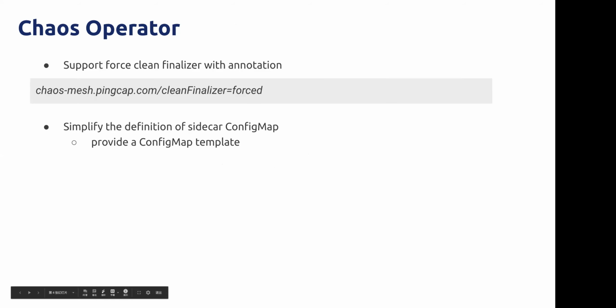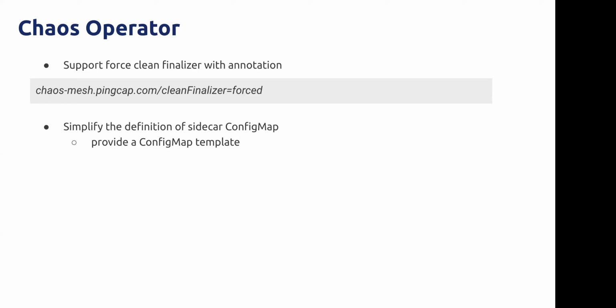Next, about the Chaos operator, we also have some new features, and here I just list 2 of them. In the past, when we failed to apply a Chaos action or failed to recover from a Chaos action, we had to delete the specific finalizers by hand when we wanted to delete the Chaos experiment. Otherwise, the deletion would be blocked.